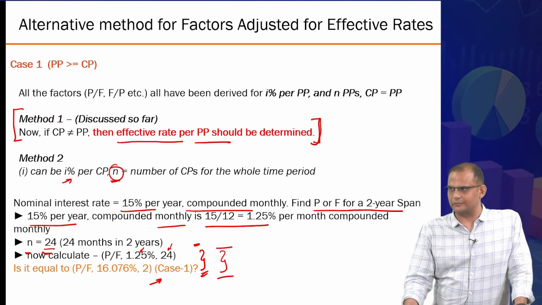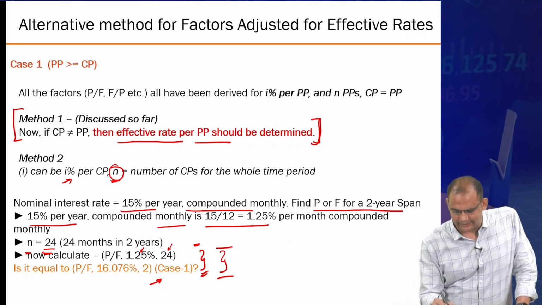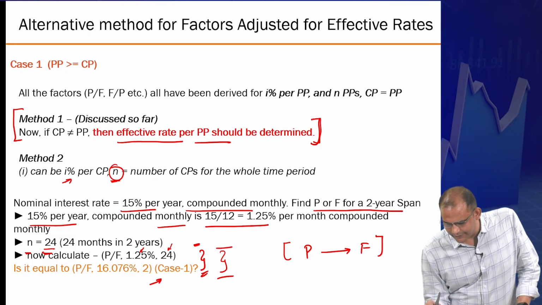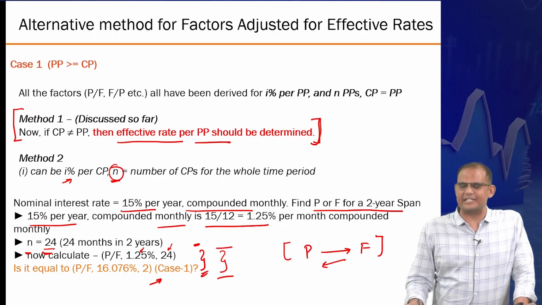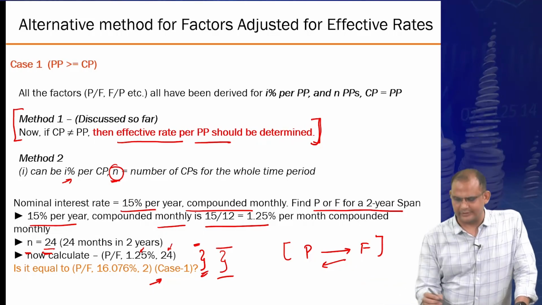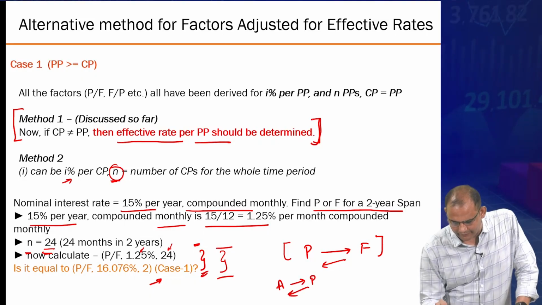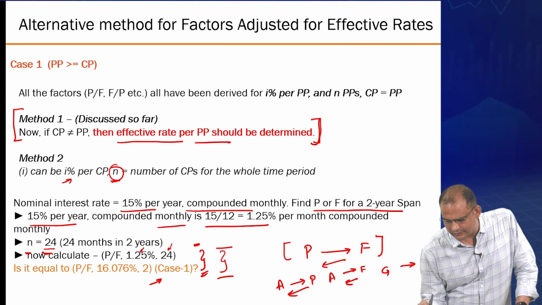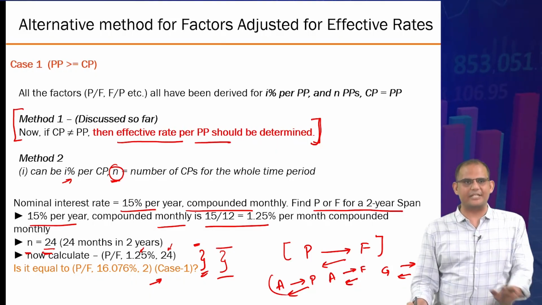Equal or not? Yes. So this method works only when you are transforming P to F or F to P. It doesn't work for any other formula, A to P to F or whatever. It doesn't work for any other formula, this method.